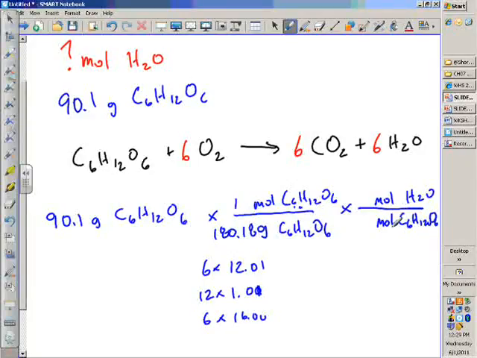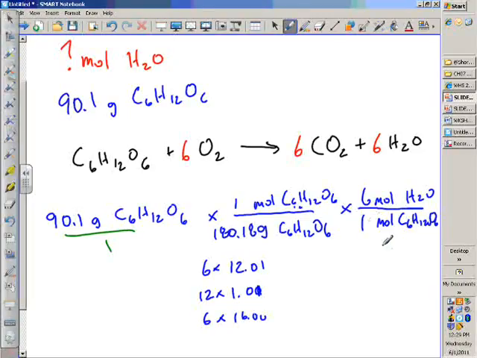When we have a conversion factor that's comparing moles of one thing in that equation to moles of another thing in that equation, where do we get these numbers from? That's where we get our coefficients, right? Nothing in front of glucose, that's glucose of 1, 6 in front of water. Then mathematically, we know we can put that over 1 and turn it into a fraction.